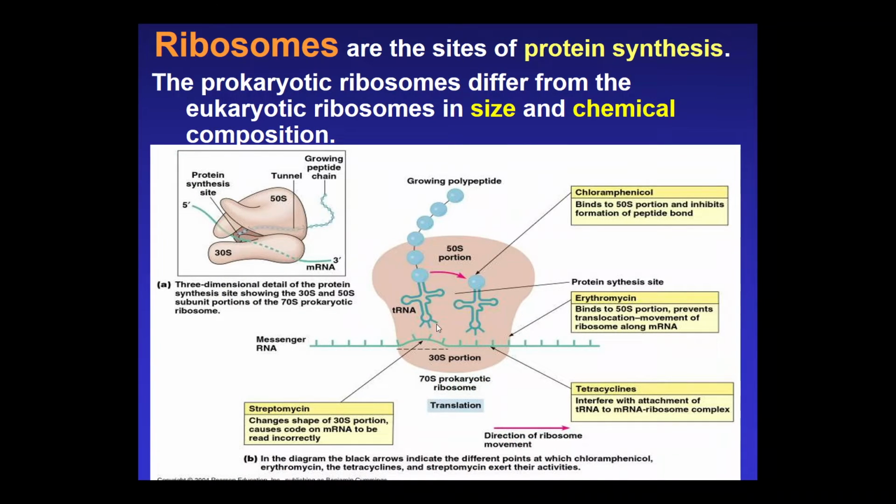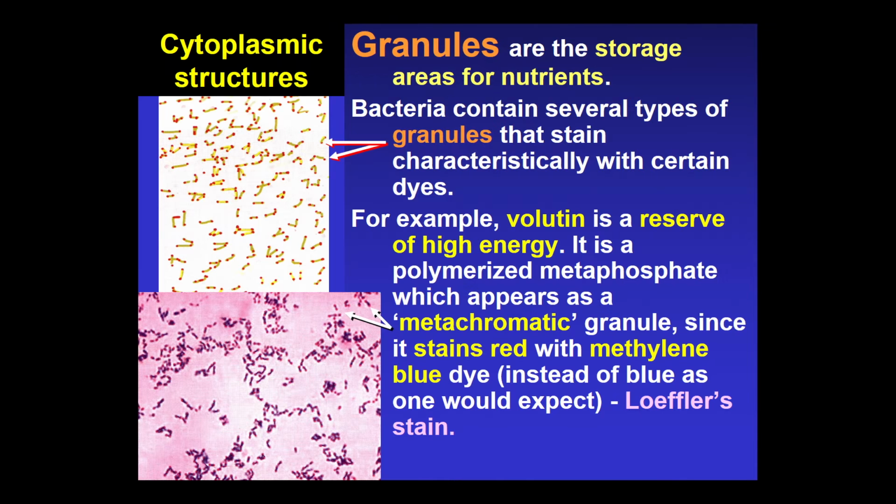I won't talk so much about ribosomes. Everyone knows that these are the universal organelles that participate in protein synthesis, so the importance of them cannot be overstated. Then what is typical for some bacteria is to store some nutrition inside the cell.